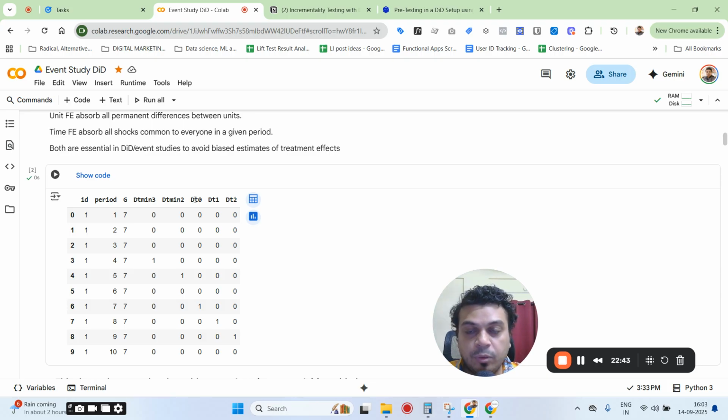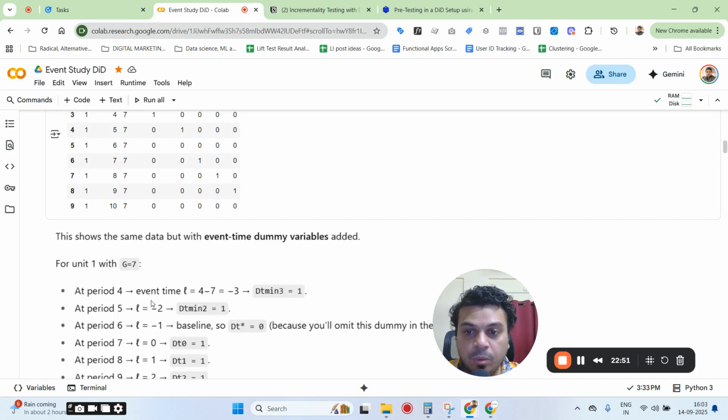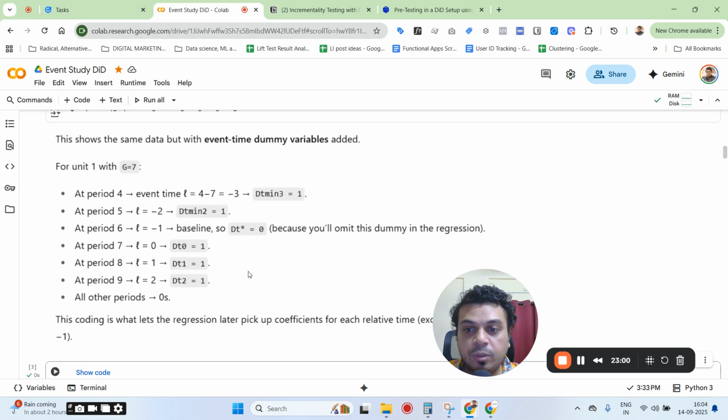So at time 4 the lag is minus 3. As we discussed from the event study model we showed earlier, D minus 3 is going to be 1. In fact, as you can see, in each of these cases it's always going to be 1, only in these cases and at no other point. So only for these periods from 4 to 9 are we going to get any values. At period 6, that's basically your L equal to minus 1.